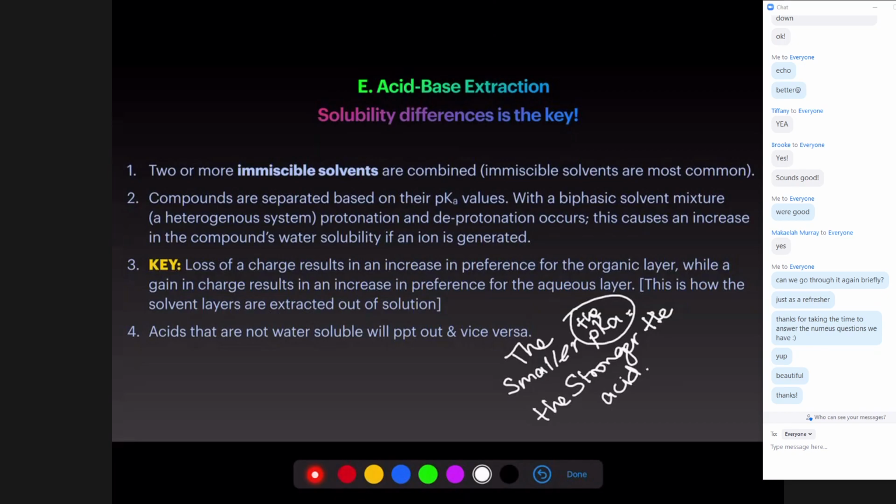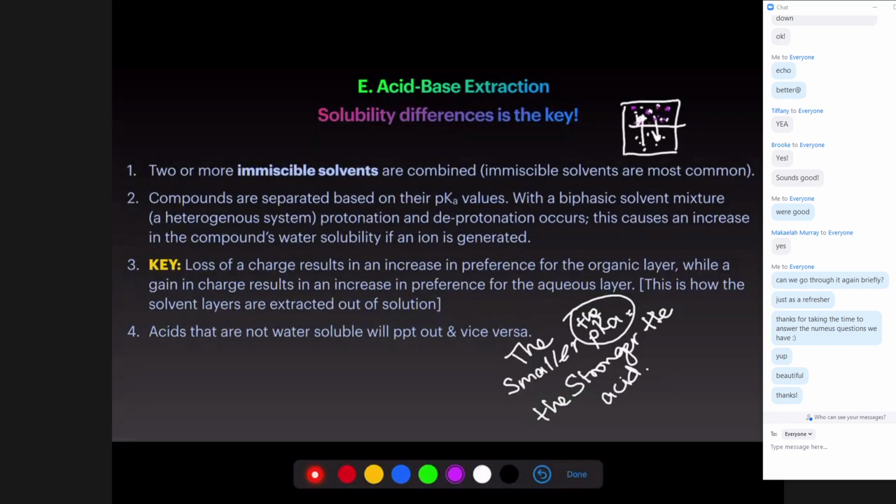And then you shook it up again, and then it separated again. So we were knocking out protons from one layer to the other, because every time you mixed it, these two would come up and they would separate.